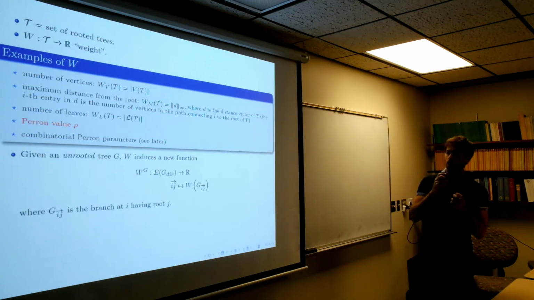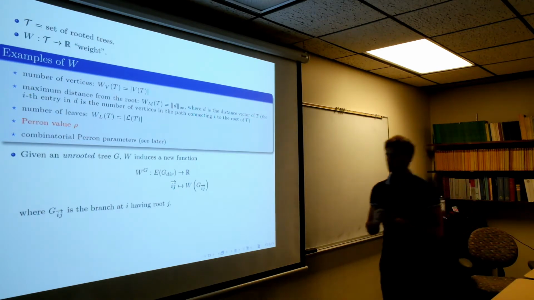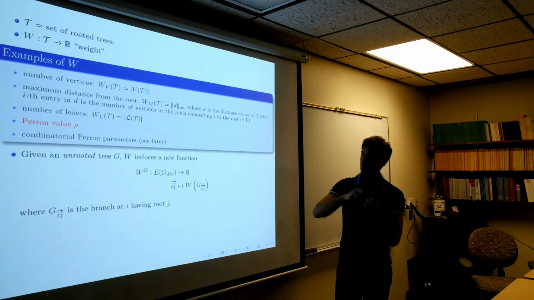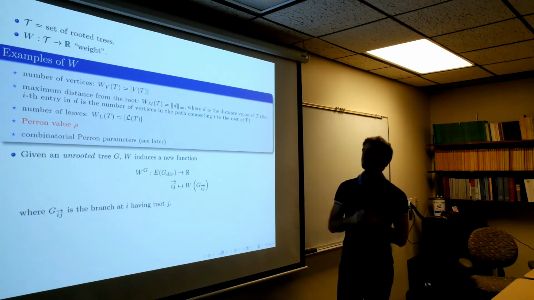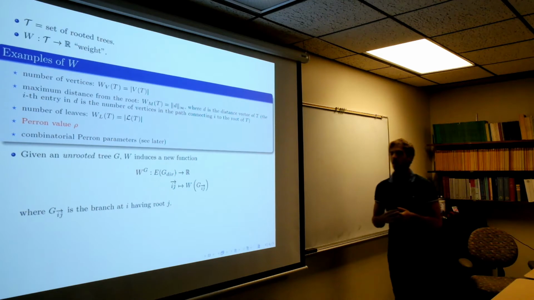And whenever we have an unrooted tree G, we can use W to induce a new function, WG. This function WG takes the set of arrows, so the set of directed edges in G dir, and assigns to each arrow a real number in the following way.